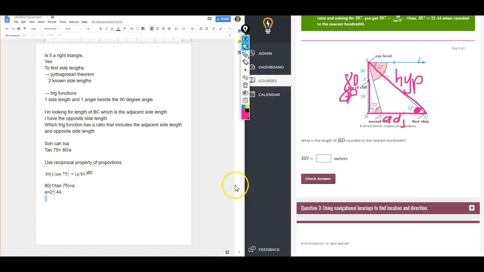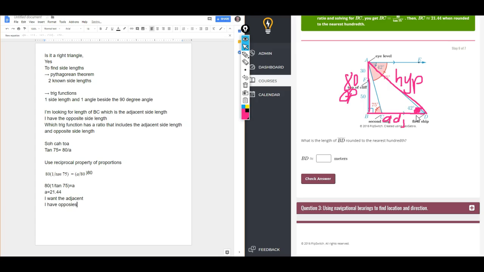So then again, I'm looking for side length BD, which is the adjacent, and we have the opposite.